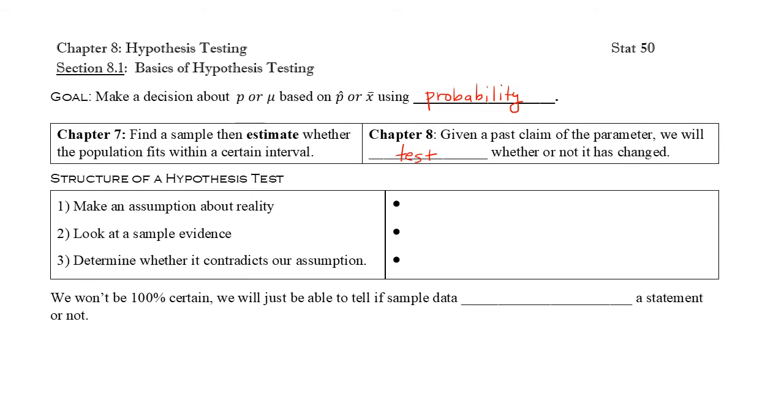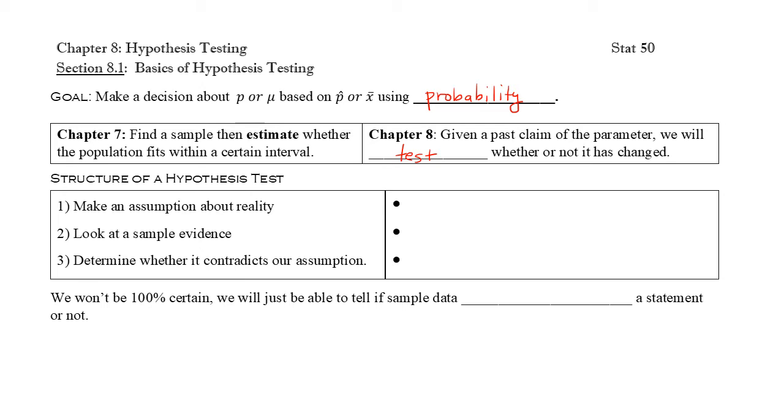Really, we're going to assume that that parameter is what it is, and then we'll use sample data that we've collected to determine whether or not the sample we got would be likely or not under that assumption.